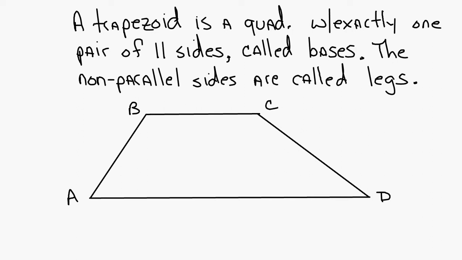Let's call the horizontal sides parallel; then this is a trapezoid. The parallel sides are called bases. So you've got a base up top and a base down here on the bottom. The non-parallel sides are called legs. So you've got a leg on the right and a leg on the left.